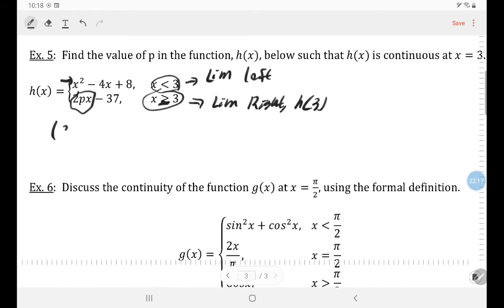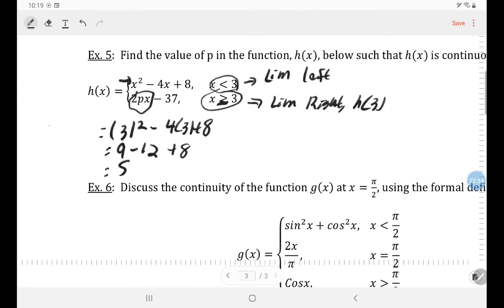I'm going to replace the x's with 3's. So that's 9 minus 12 plus 8. That's negative 3 plus 8. That's 5. So that's my left limit. So that's my limit as x approaches 3 from the left of h of x gives me 5.